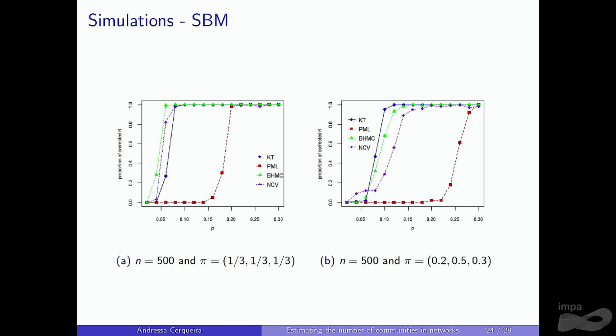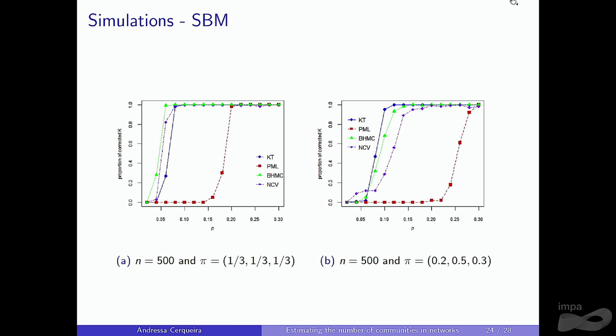Okay, let's see. I brought this simulation, but please don't look at the labels because they don't make any sense now, because I changed everything here. But I can explain what they mean. So here I'm considering a network that's not that big, with 500 nodes. Here, I'm considering what we call a balanced network. So the probability vector pi is just 1 divided by the number of communities.